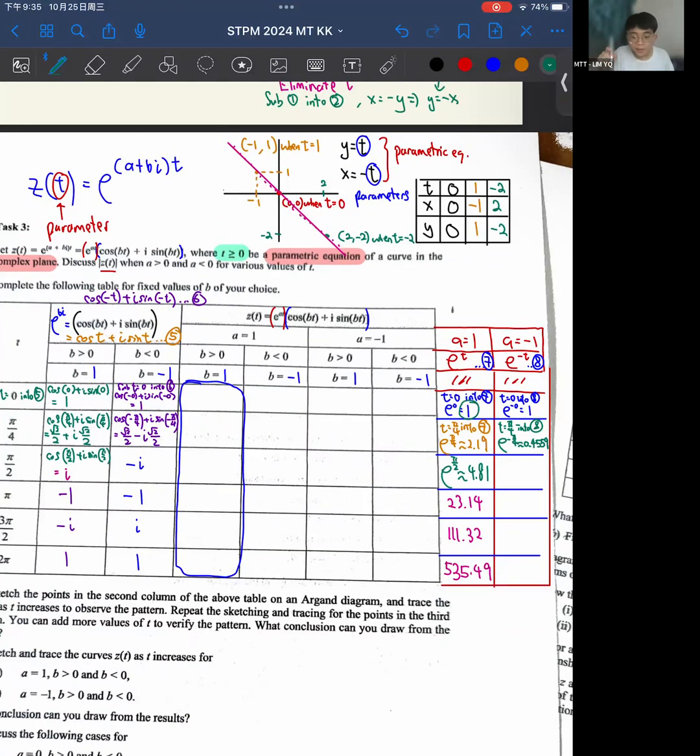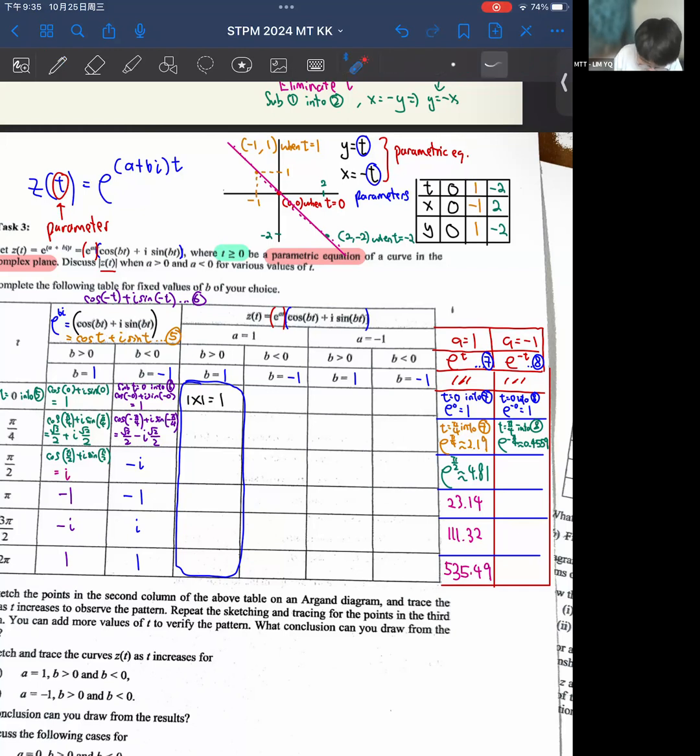You multiply this one by this one, 1 multiplied by 1, because b greater than 0 and a is equal to 1. So 1 multiply 1 equal to 1.